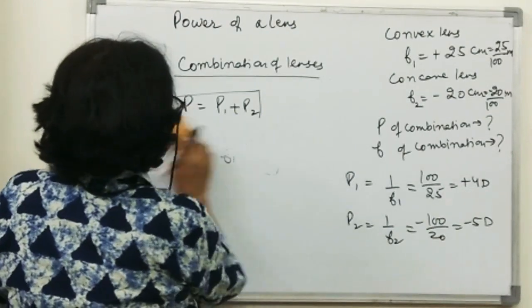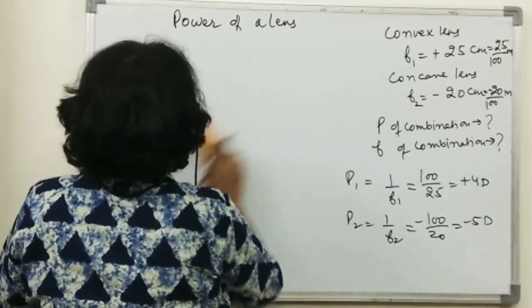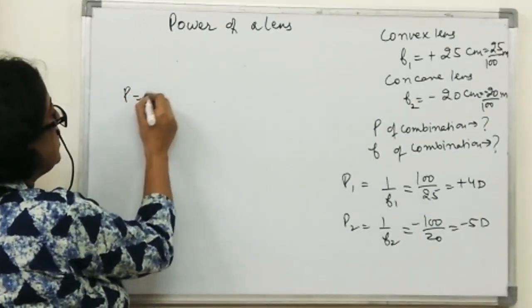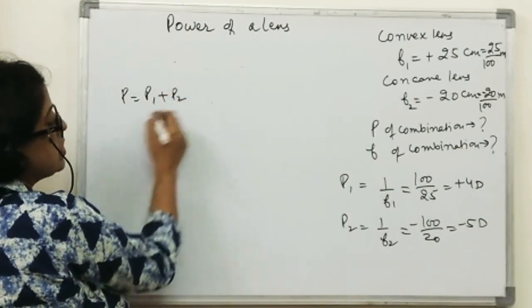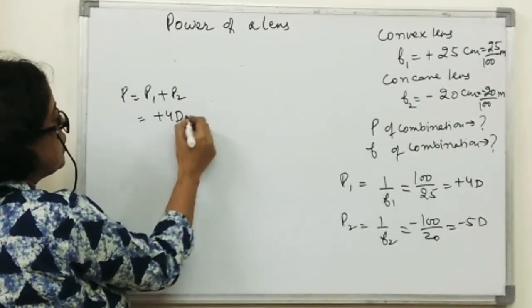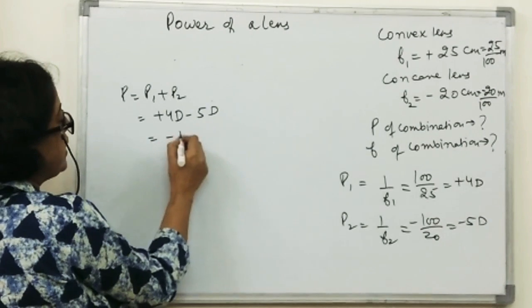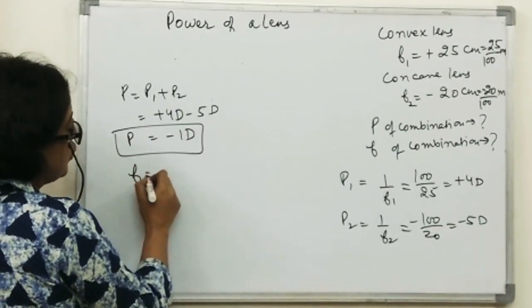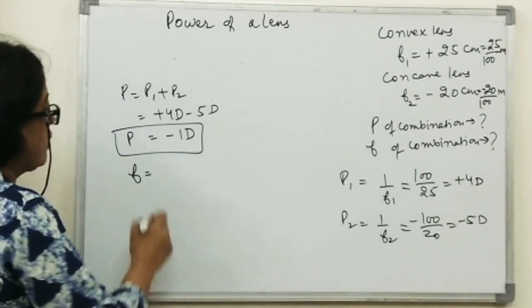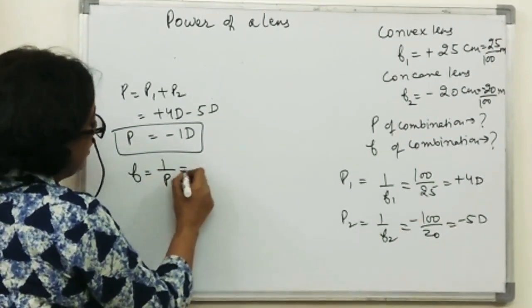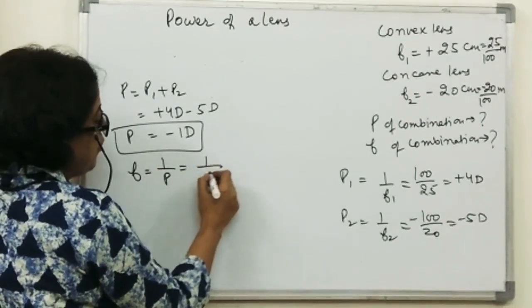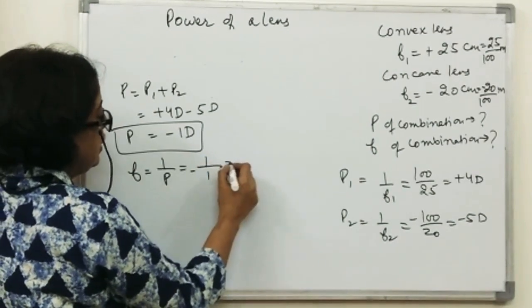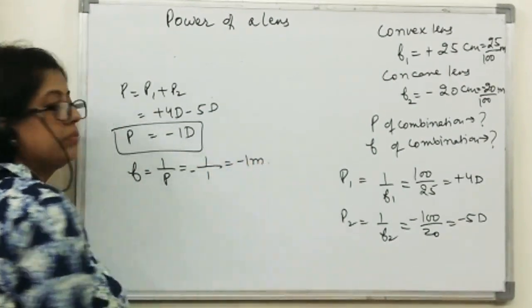So what will be the power of the combination? Power of the combination will be P1 plus P2, which is plus 4 diopter minus 5 diopter, which is minus 1 diopter. And the focal length of the combination we can calculate from here only, which will be 1 upon P, which will be 1 upon minus 1, that is minus 1 meter.